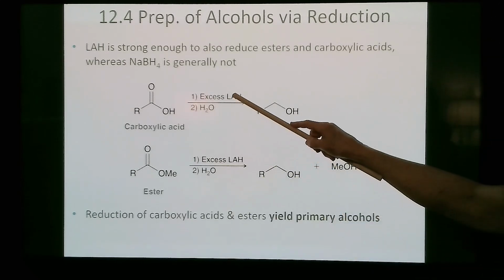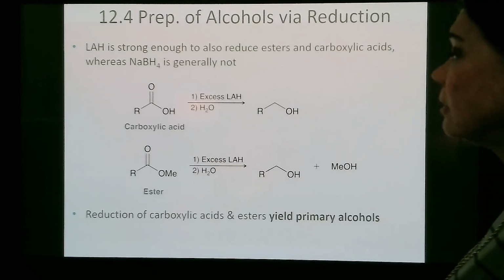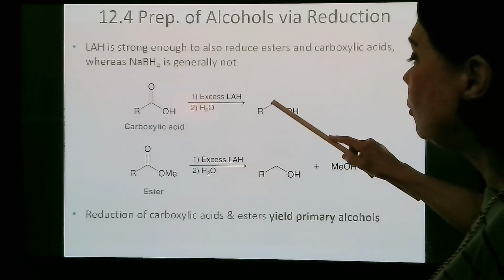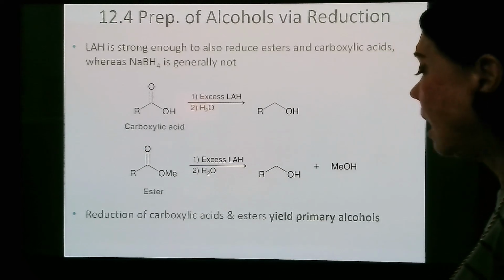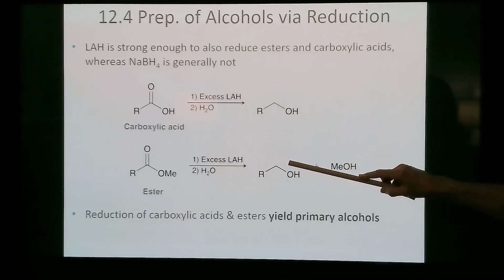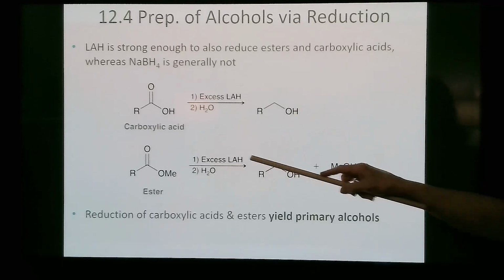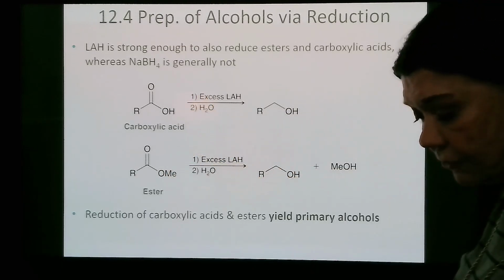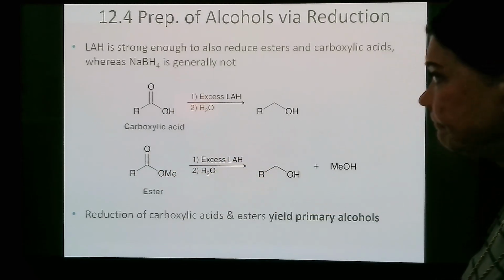In each case, notice that you have to use excess lithium aluminum hydride because you are putting two hydrogens on this carbon that originally had no hydrogens attached. And in both cases, you're going to generate only primary alcohols. You can't make a secondary or a tertiary alcohol from this. You'll only have one alkyl group on the carbon.